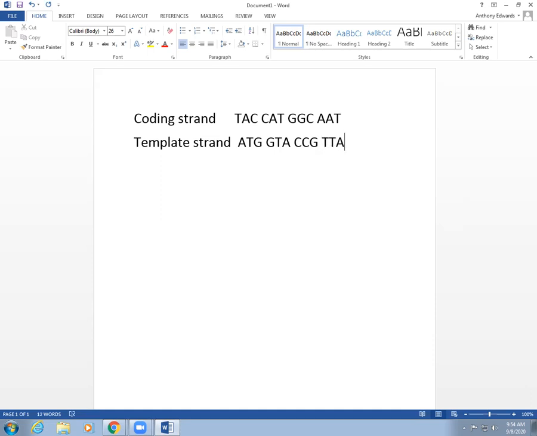So that's DNA. Now, for making messenger RNA in transcription, it's going to basically be the same as the coding strand, with the exception that there's no thymine.